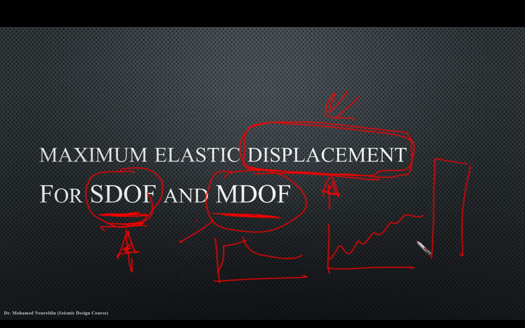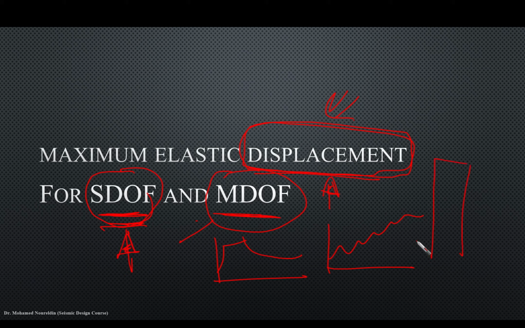This is a little bit flipped for us. Commonly, what is given is the acceleration response spectrum; it's always available. What is not available, what we are searching for, is the delta of the building. What is the displacement of the building?